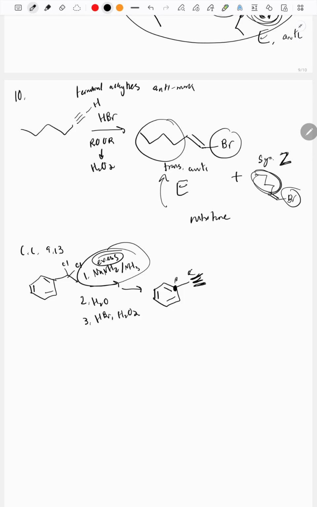Now that's part 1 and part 2, and on to anti-Markovnikov alkyne addition. This one, what will it do? HBr will go, the bromide will go on the less substituted. So we get the benzylic.